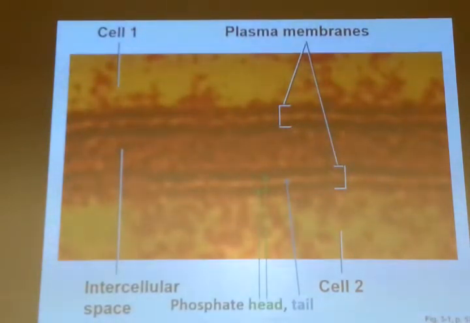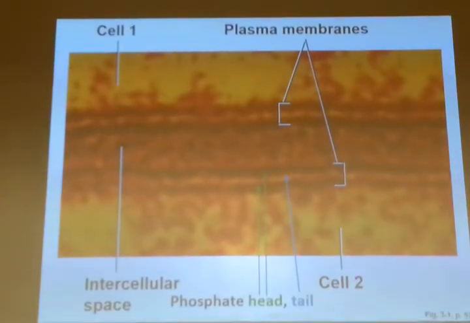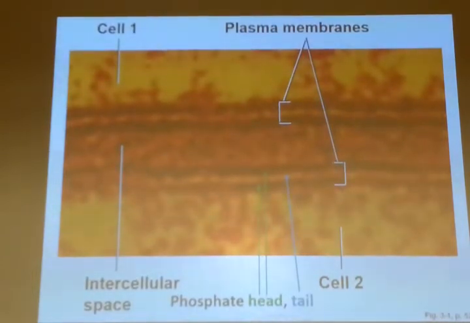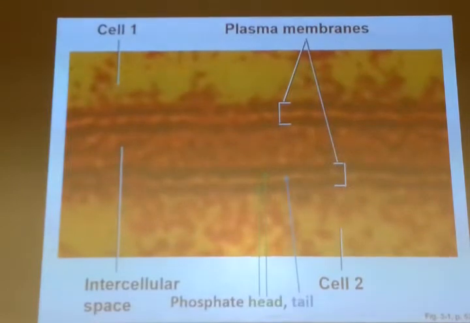So phosphate heads with the charge up here are going to associate with the hydrogen of the water. And this is going to associate with the hydrogen of the water. This is going to be on the intracellular side because I decided that's going to be ICF.